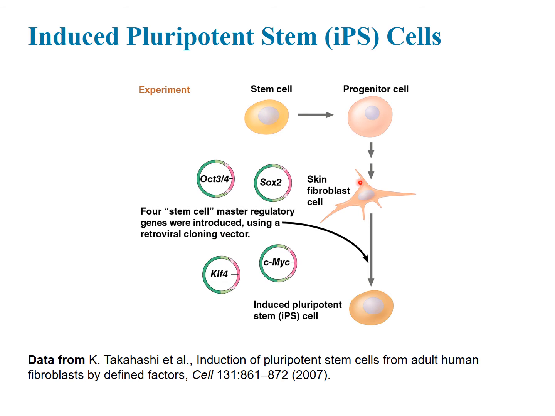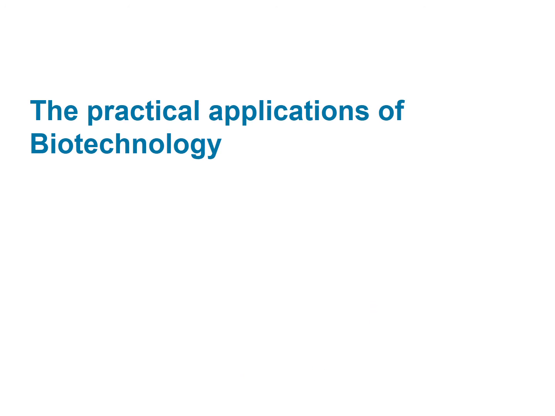These are introduced by viral vectors. Here, this is an example of a skin fibroblast cell. This is something that's differentiated. Well, you can basically convert it into an induced pluripotent stem cell. So you can take any type of already differentiated cell and convert it to a pluripotent stem cell. So this eliminates the need to use embryos.